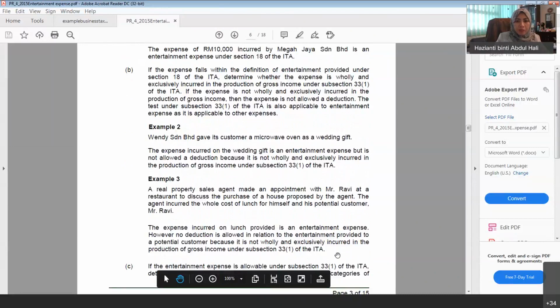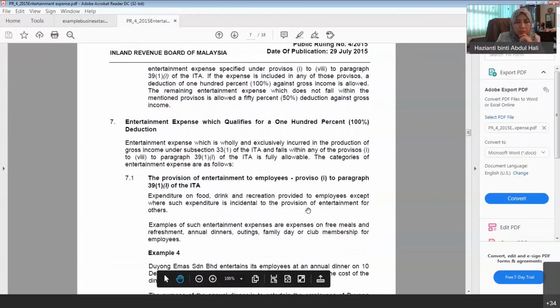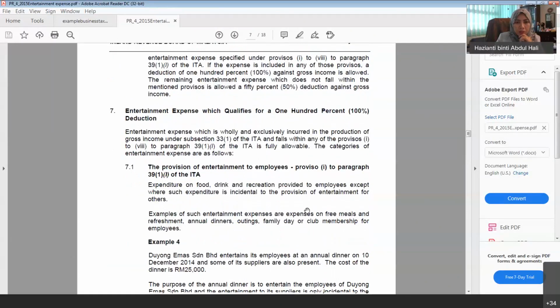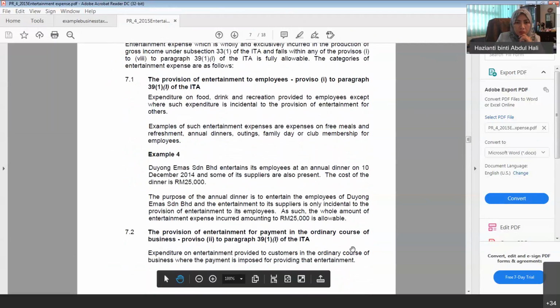Yang ni pun ada. Right? Okay, ni restaurant to discuss to purchase a house. Okay, ni pemakan. Kita tengok ada lagi meals, dinner. Right, so here dia bagi dinner dekat employee, but some of the suppliers are also present.